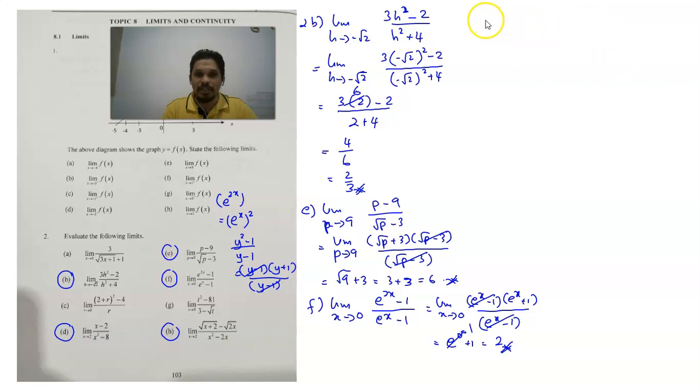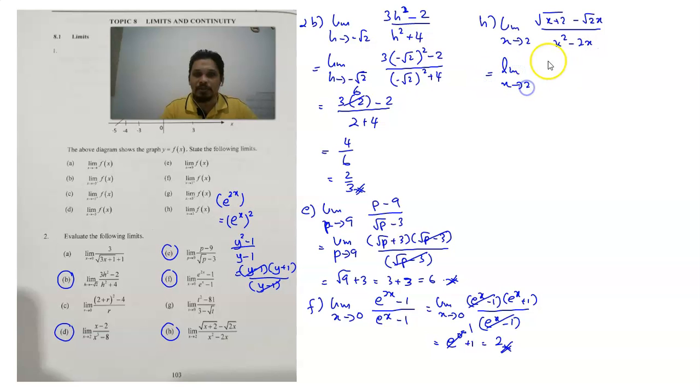Okay, so question H. For question H, we have the limit as x approaches 2 of (square root of x plus 2 minus square root of 2x) divided by (x squared minus 2x).